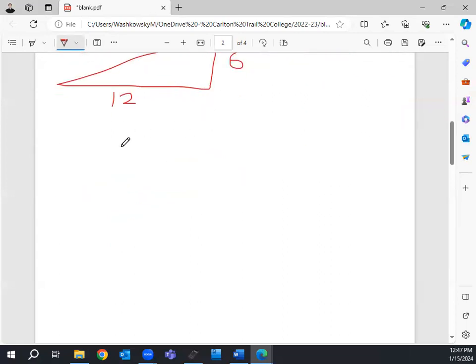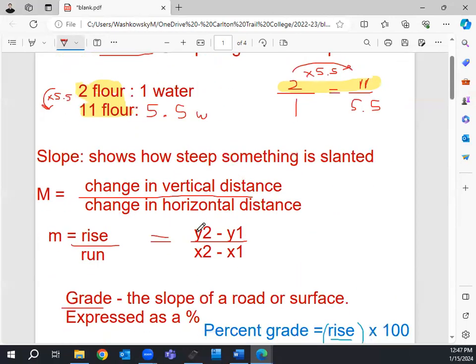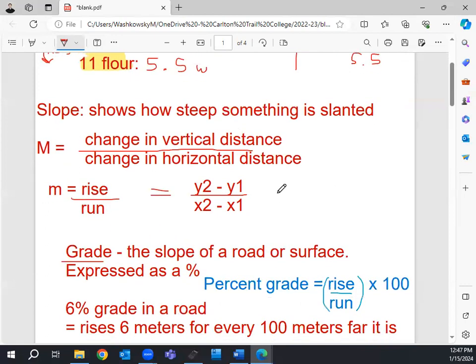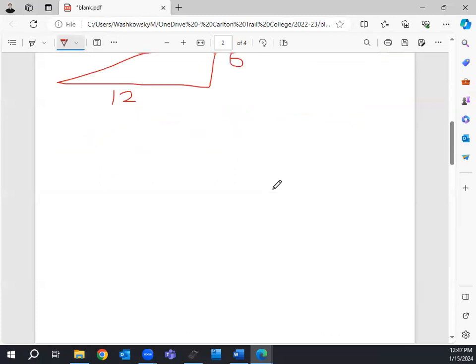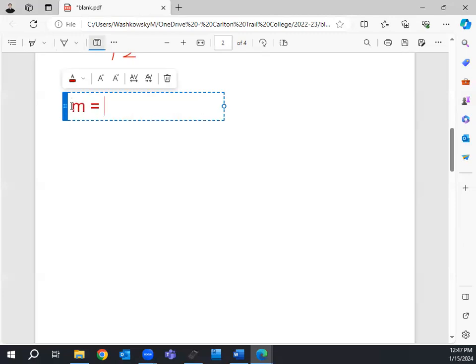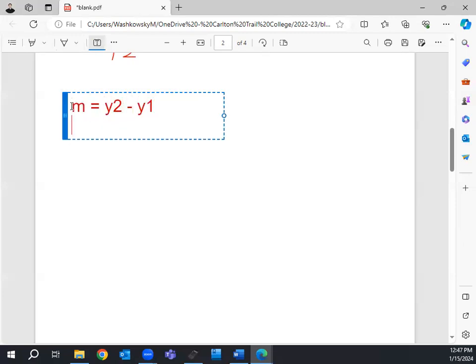Okay. So the last little thing that we looked at, we've already talked about this, y2 minus y1 over x2 minus x1. This is for when we have 2 points on a graph, right? So I'm going to really quickly rewrite that. You don't have to if you don't want to, but m equals y2 minus y1 all over x2 minus x1.